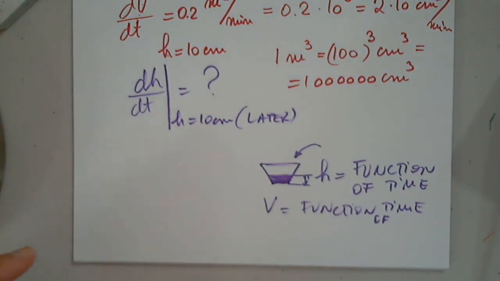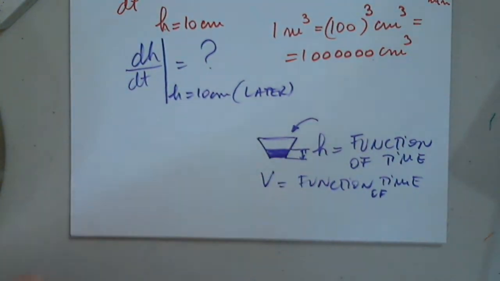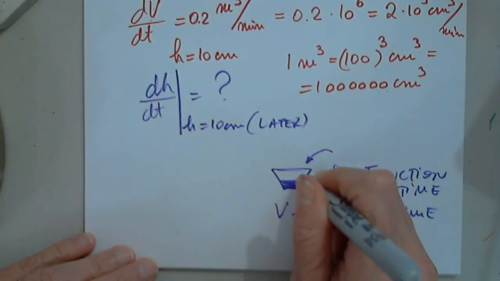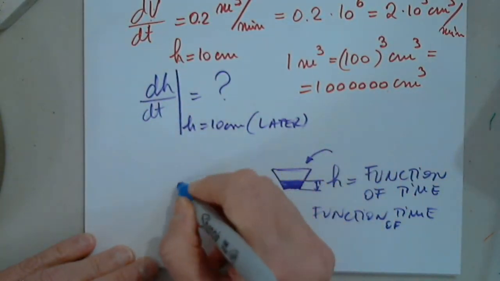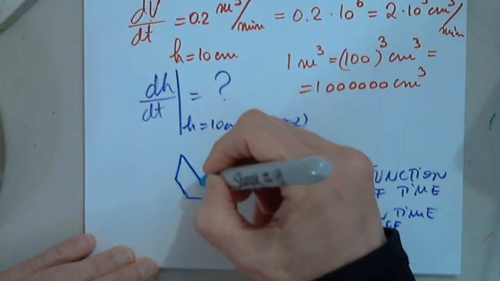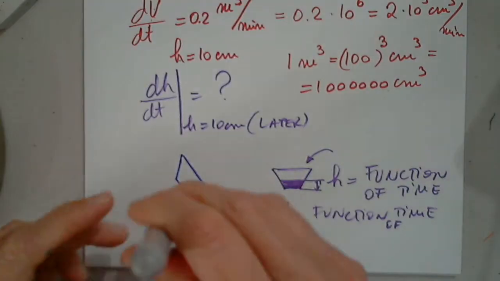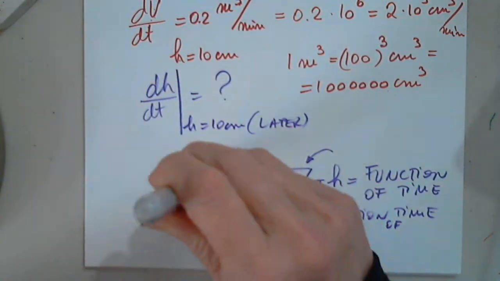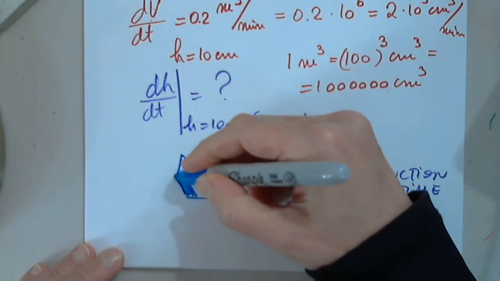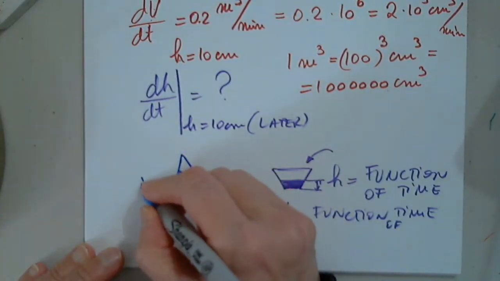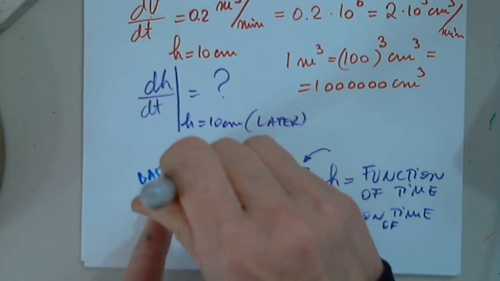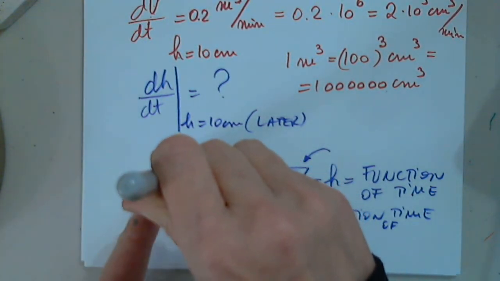So this is much easier now to see that I can put the trough on this base. Imagine that the trough is here. This is the base, and this the height of water, which is 10 meters.